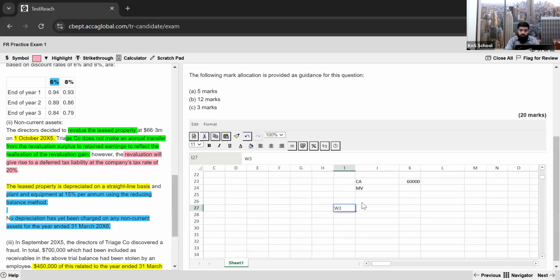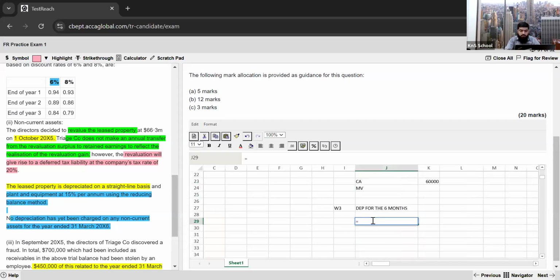Although I can also calculate the depreciation in that formula, but let me calculate it over here so that you can see. We are going to calculate depreciation for the 6 months. You just see how I'm performing the question in the Excel file, showing every working.